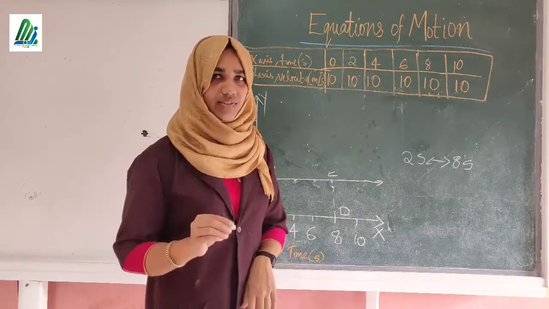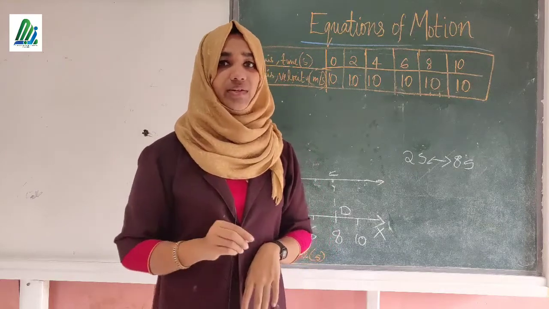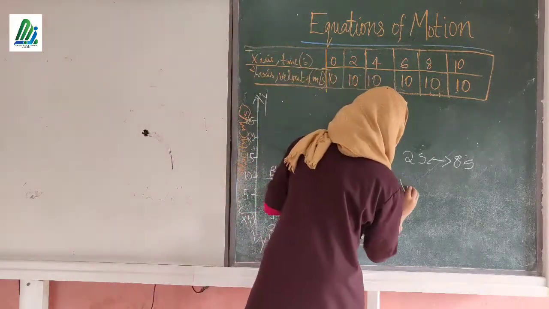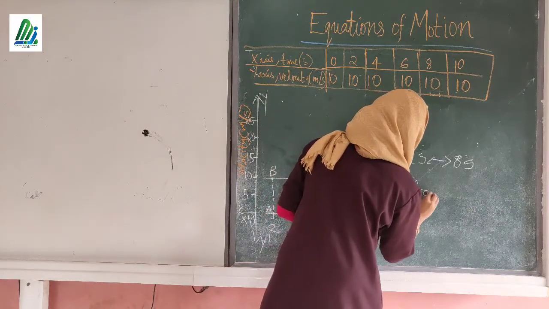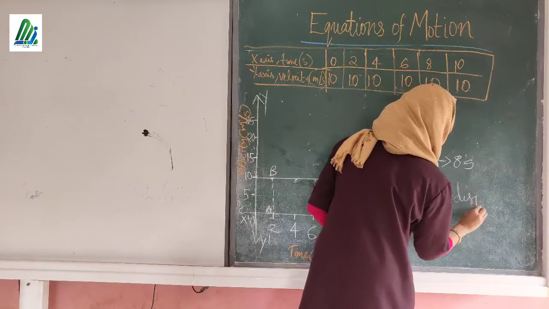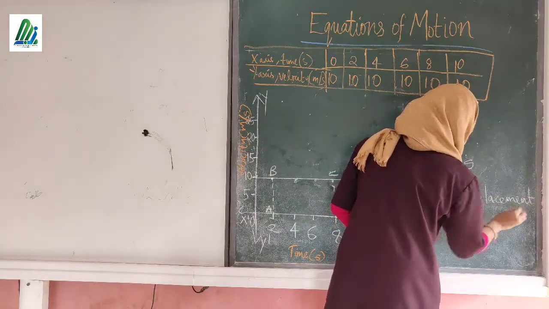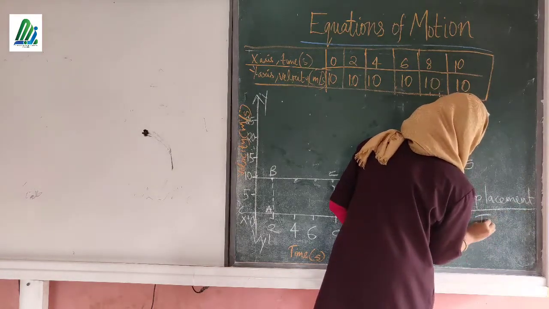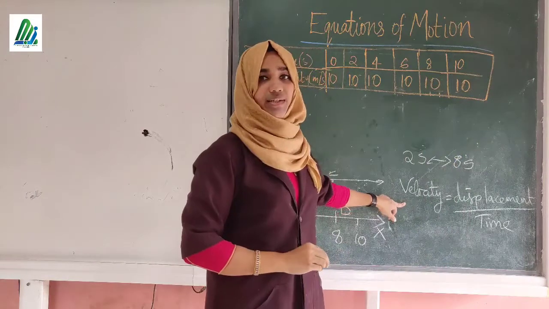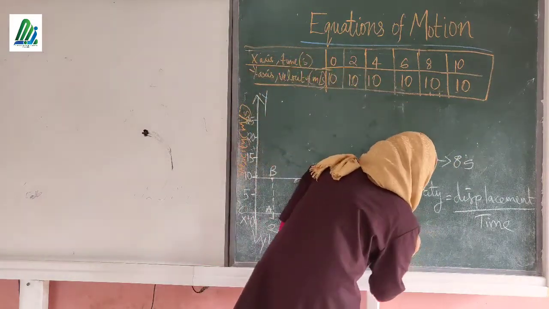You understand? So we can write velocity is equal to displacement by time. I told you earlier we want to find the displacement.